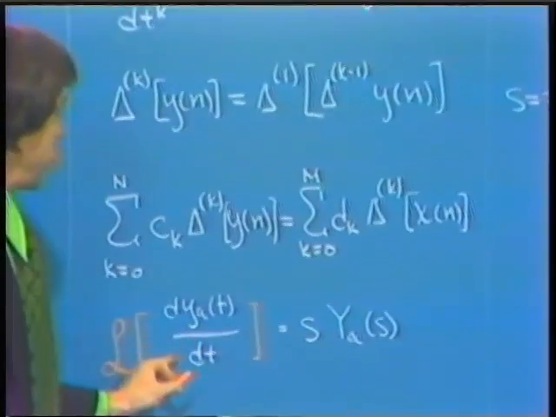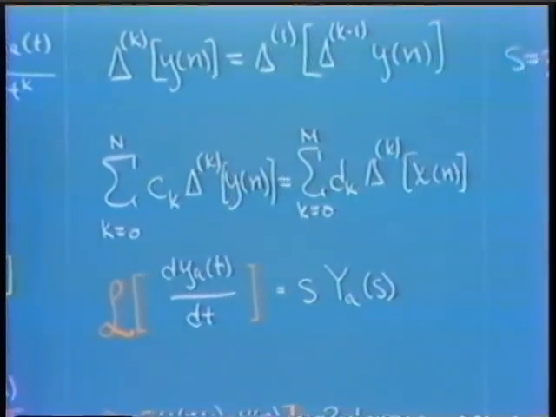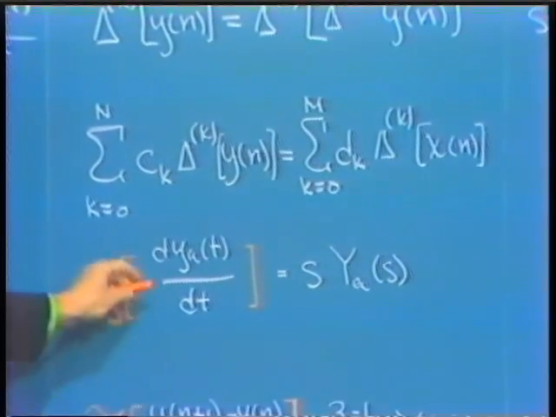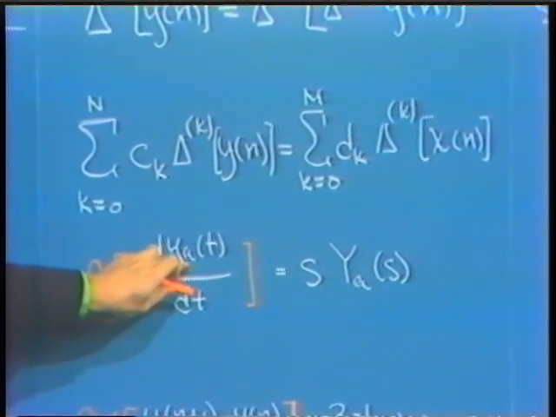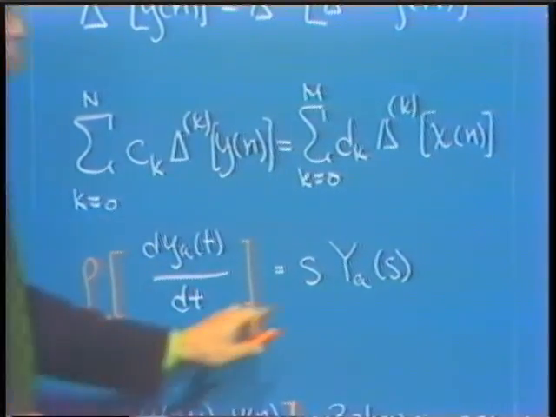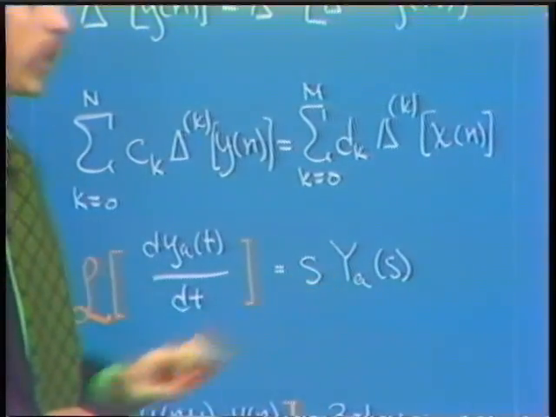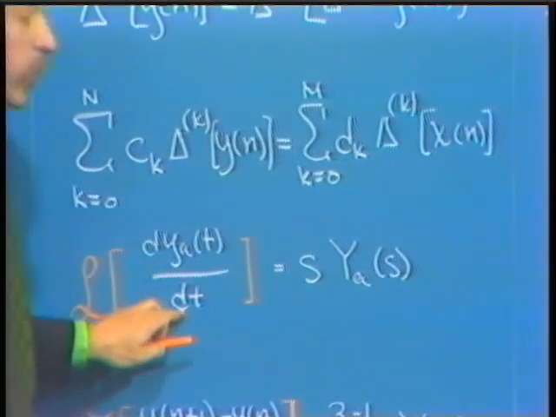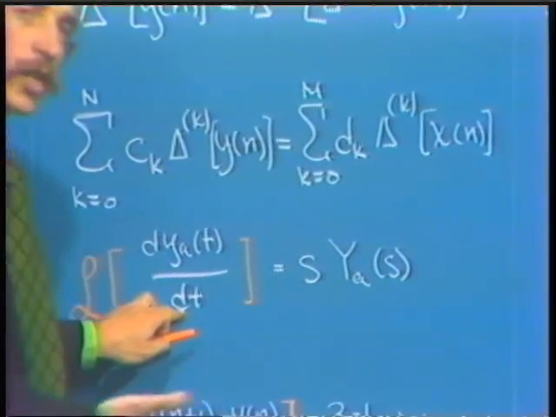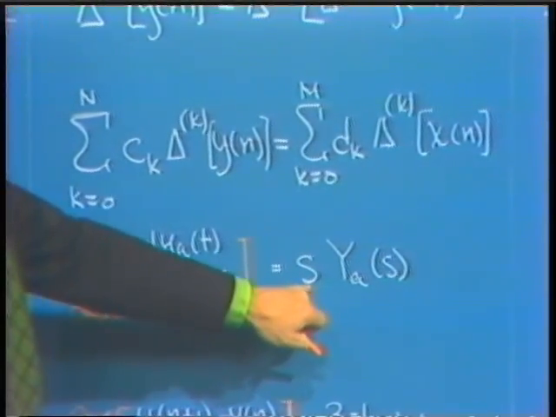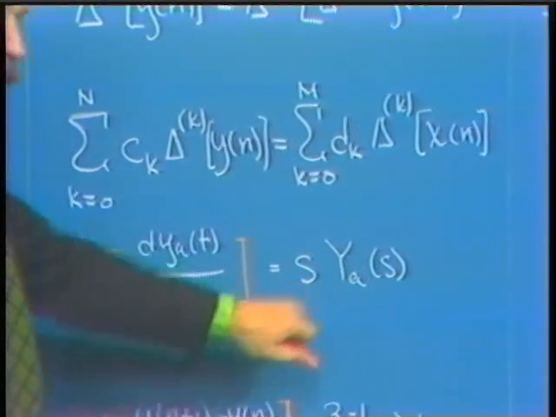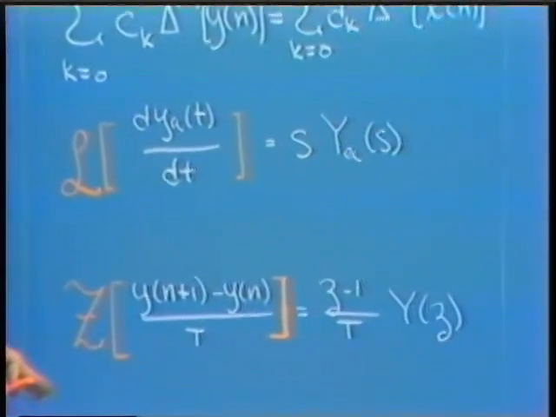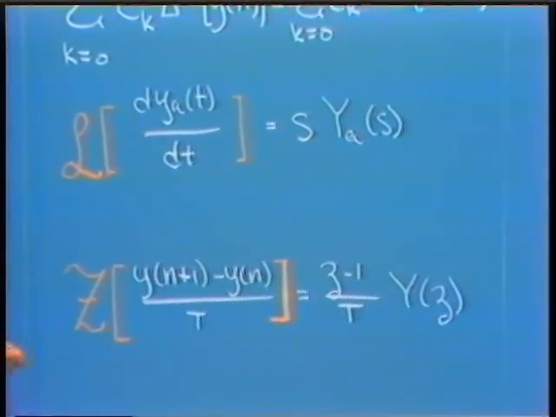First of all, let me remind you that in the continuous time domain, the Laplace transform of the derivative of a time function is equal to s times the Laplace transform of the time function. That is, the operation of differentiation in the Laplace transform domain gets carried over to a multiplication by s. Similarly, we can look at the z-transform of the first difference.